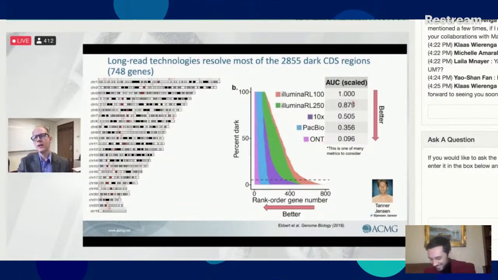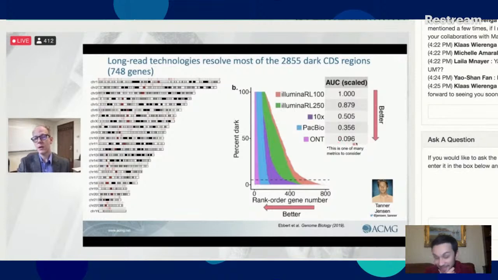So as you look down this table, the lower the number, the better. So basically, what this is saying is that 10x Genomics synthetic long reads resolved about 49% of all of the dark regions. PacBio resolved about 64% of all of the dark regions genome-wide.